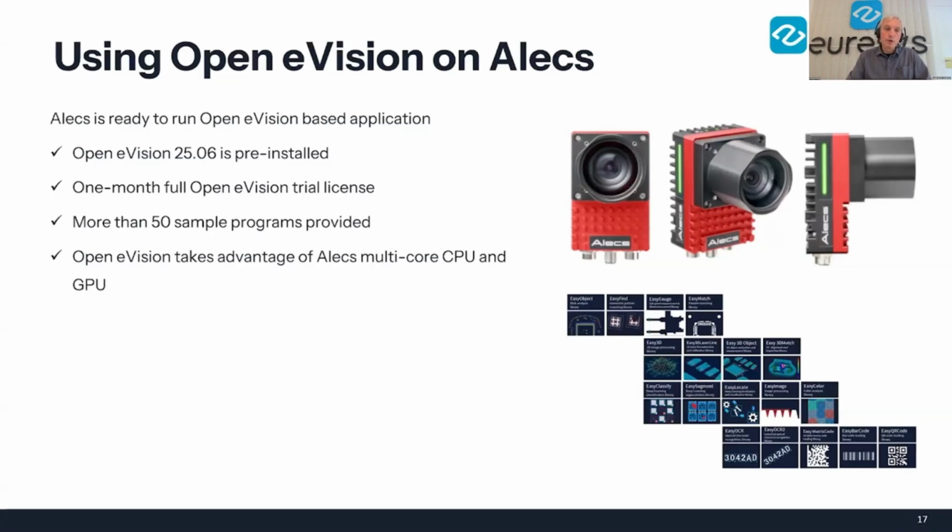So you get a full month of free licenses. There are more than 60 different sample programs provided using different frameworks and languages. And as I already said, Open eVision really takes advantage of the Alex multi-ARM CPU and GPU platform.